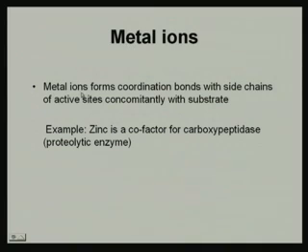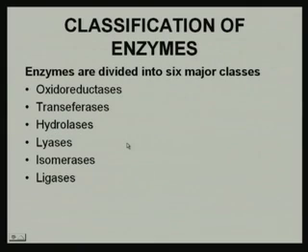Metal ion forms a coordination bond with the side chain of the active site concomitantly with the substrate. Zinc is a cofactor for carboxypeptidase, that is the proteolytic enzyme. Now, if we classify the enzymes based on their catalytic behavior, all enzymes can be divided into 6 major classes.